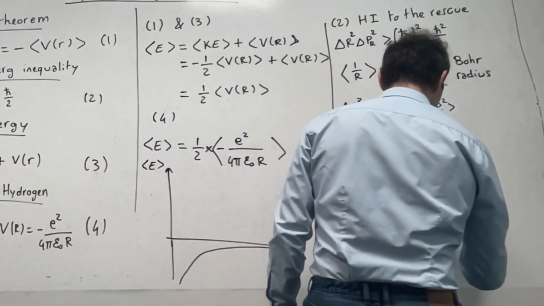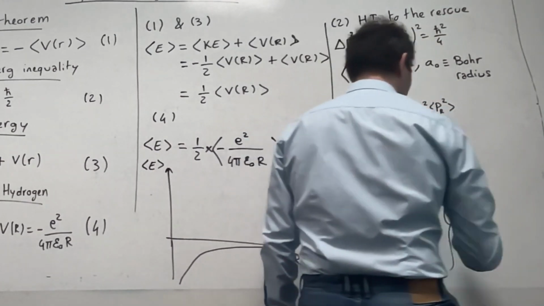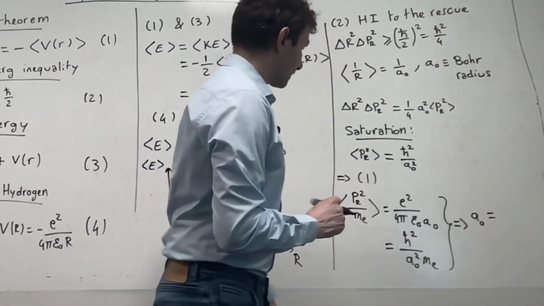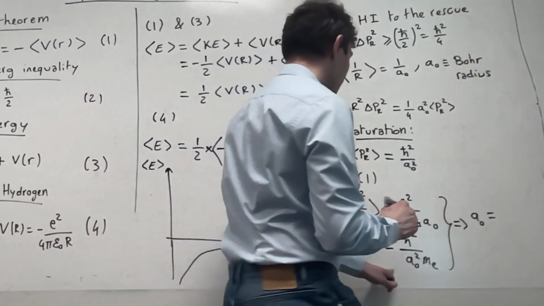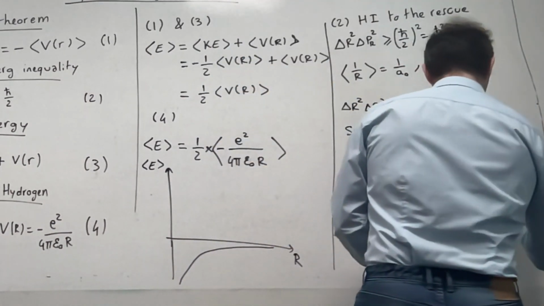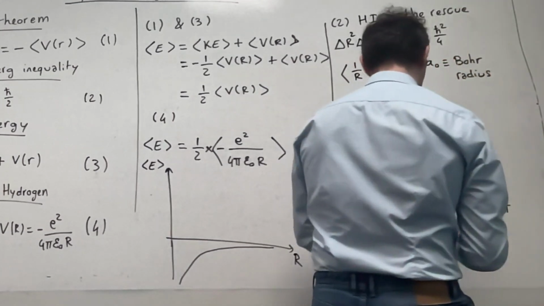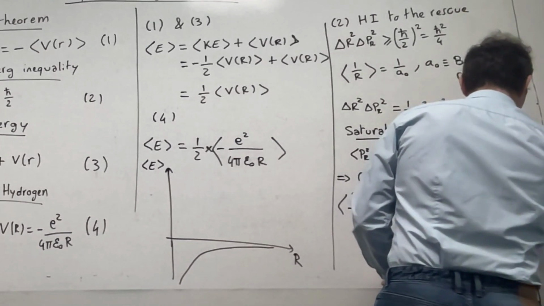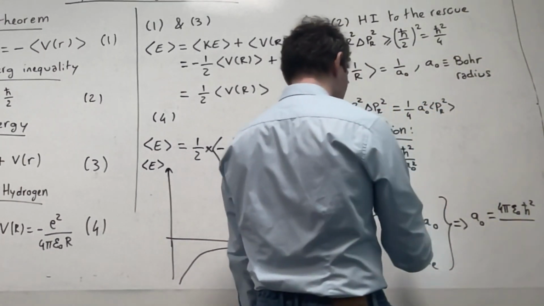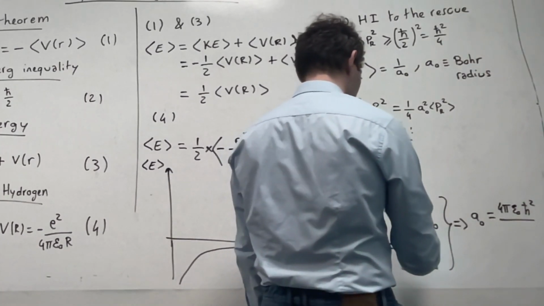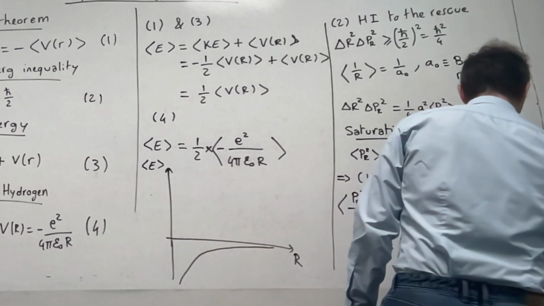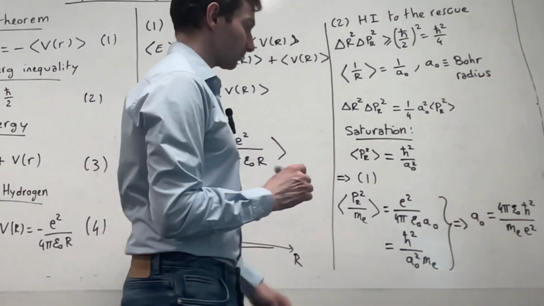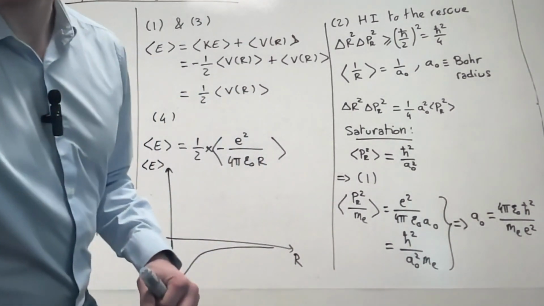So if I combine these two equations, we actually get that a₀, so let's not get this wrong, a₀ is equal to 4πε₀ħ² divided by m_e e². Okay? So that's our expression of the Bohr radius.